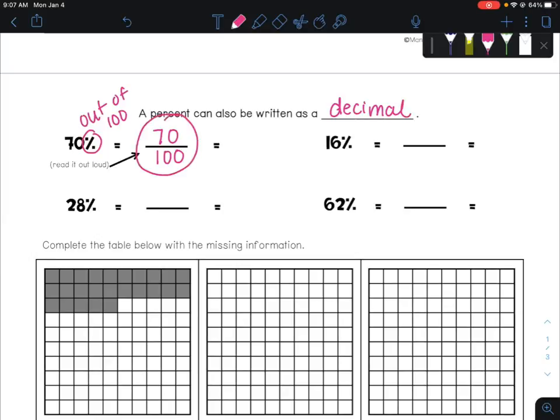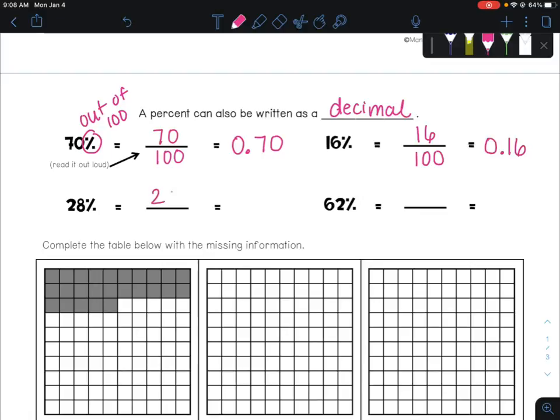And then if we read this out loud, 70 hundredths, that's just the decimal 70 hundredths. 16% would be 16 out of 100. 16 hundredths would just be 0.16.